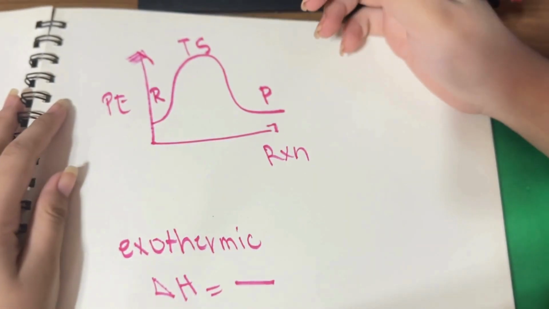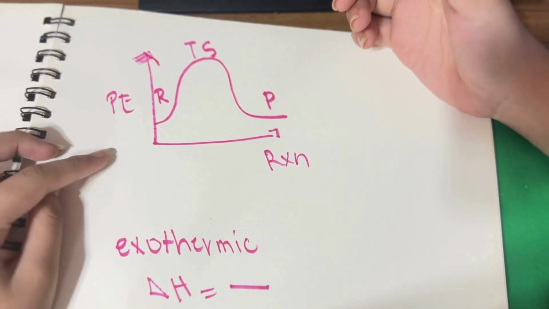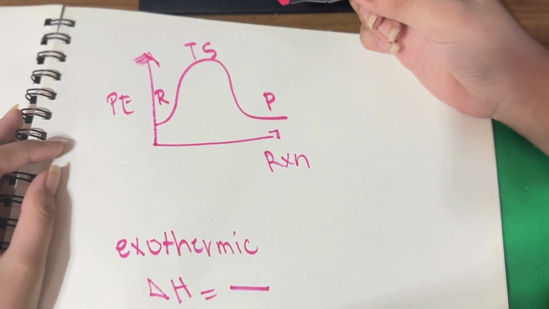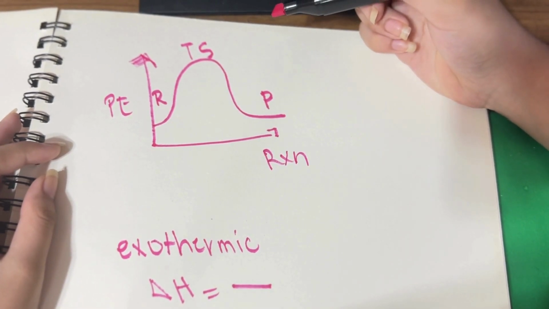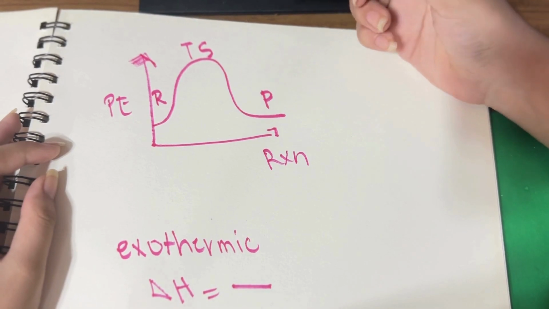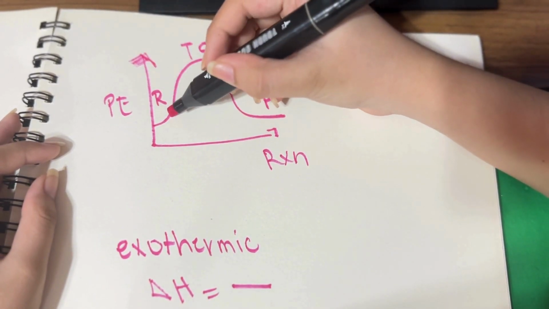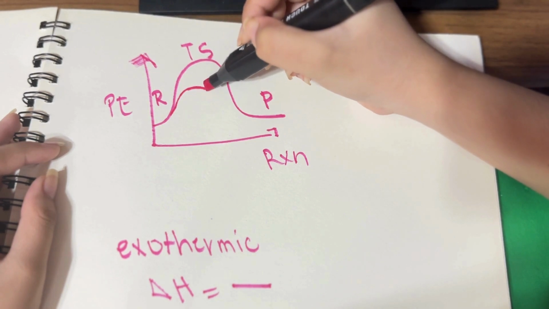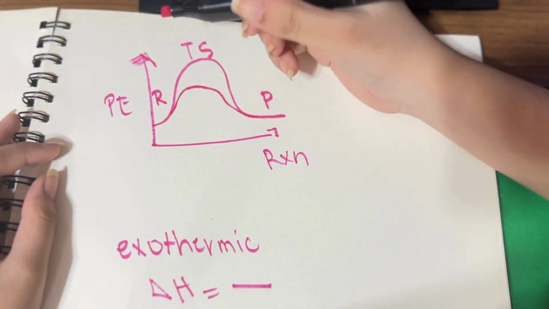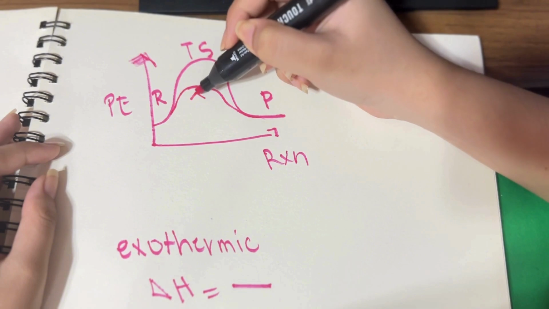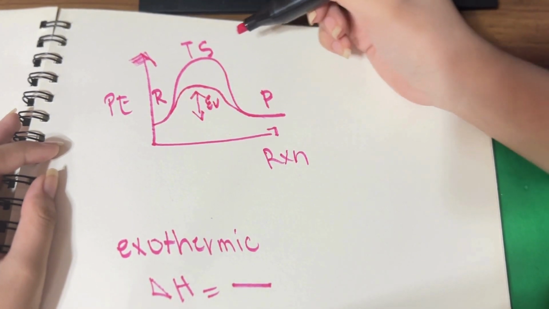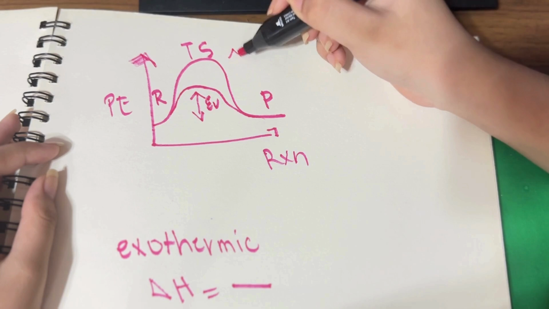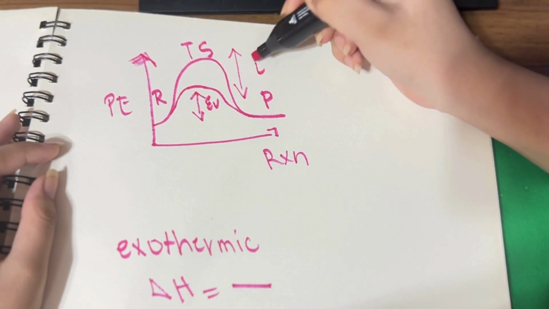Now, what's going to happen if you add a catalyst to this reaction? We know that the purpose of a catalyst is to speed up a reaction, and enzymes are biological catalysts that speed up reactions in living systems. If we add the catalyst, we're going to have a new diagram that looks like this. As you can see, the activation energy is lower here.